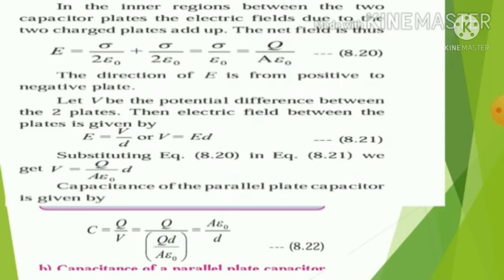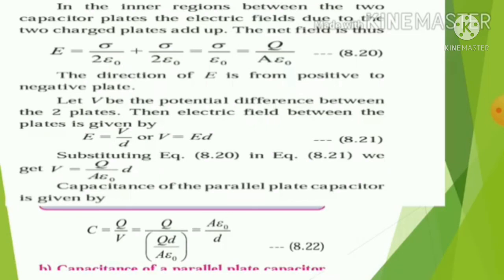The numerator Q and denominator Q cancel each other, so after simplification C equal to A epsilon 0 upon d.